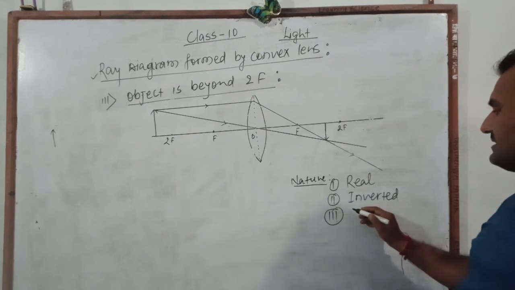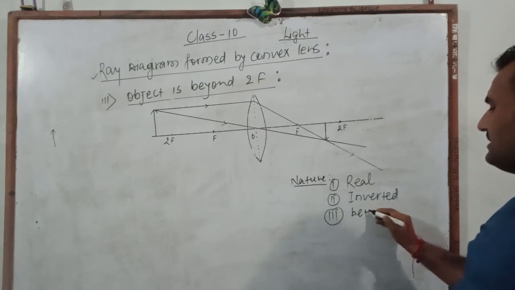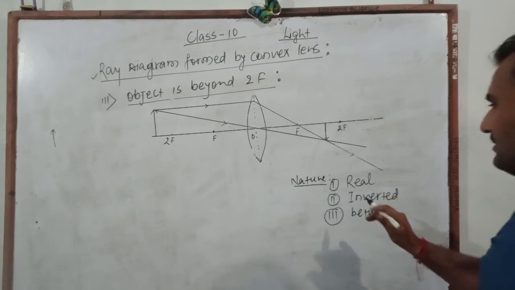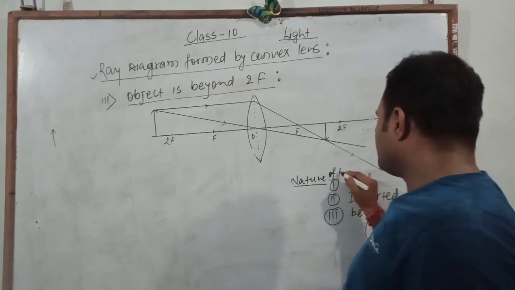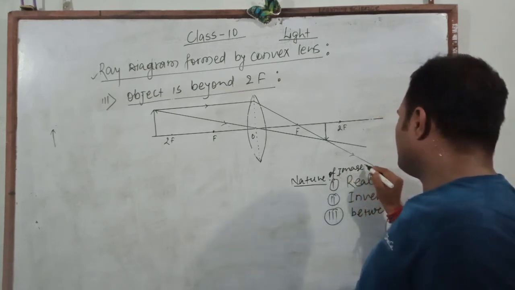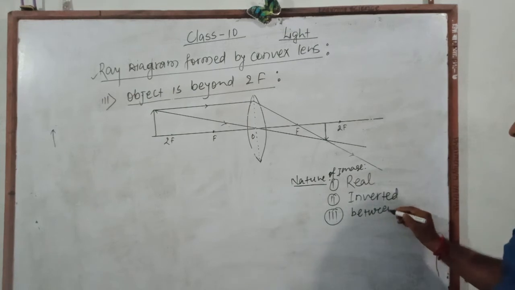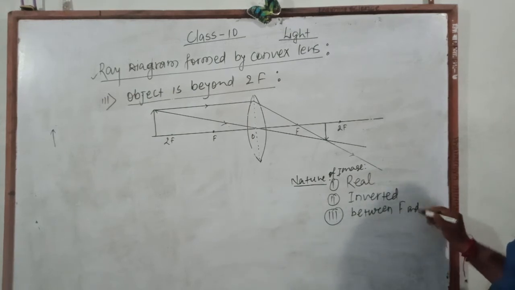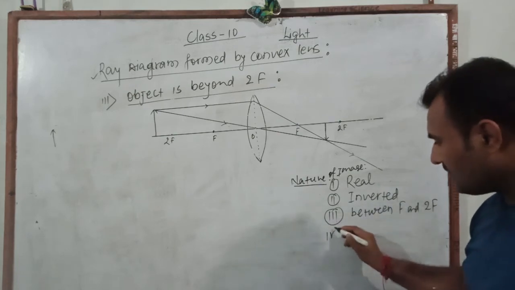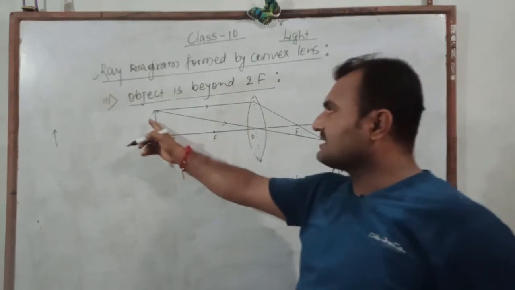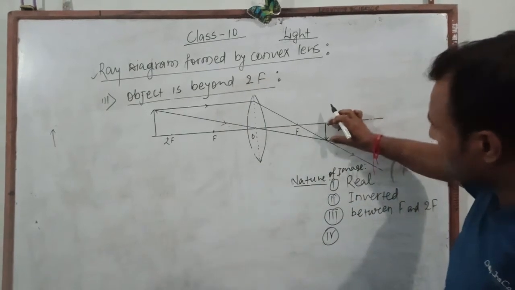And here we write the nature of the image: between f and 2f. And already it is shown that the object is larger and the image is smaller in size.